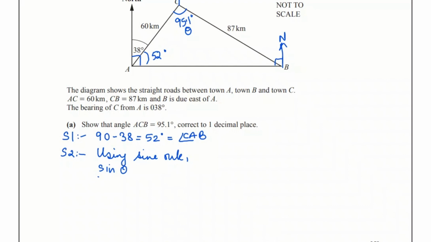We have to find angle CBA, so let's take this as theta. We'll take this and this, and we'll get this theta. Once we get this theta, then we can do 180 minus.